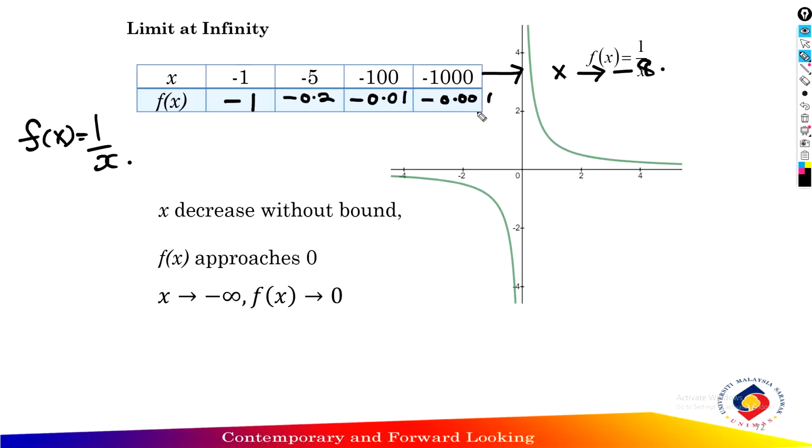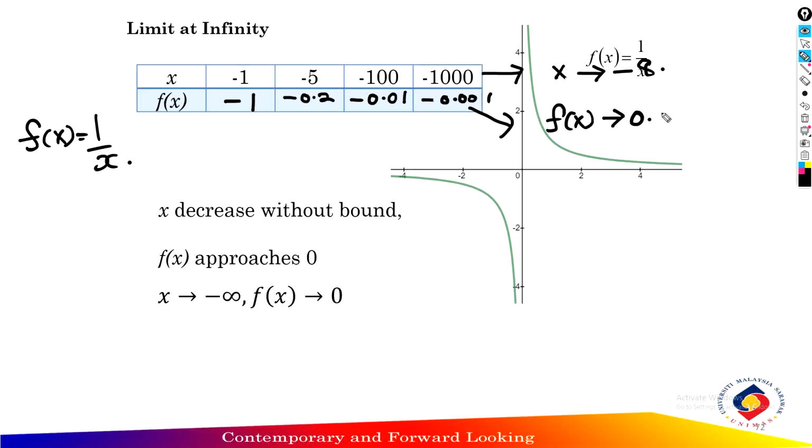And the second row, the value of f(x): as you can see, it approaches 0, with negative 1, negative 0.2, negative 0.01, and negative 0.001. So f(x) approaches 0.